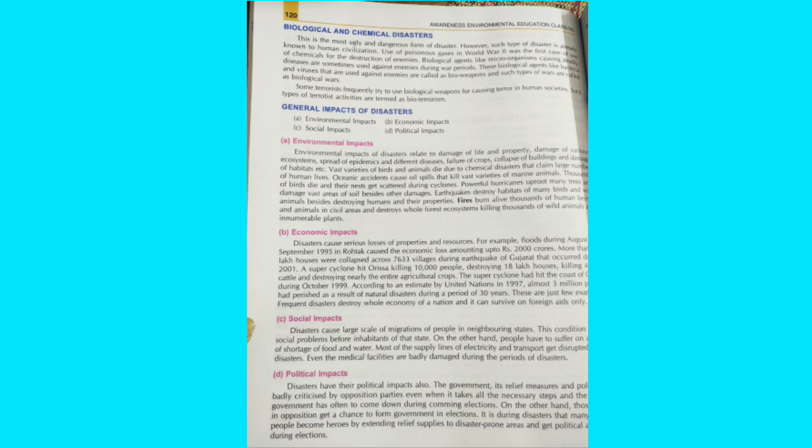The government's relief measures are badly criticized, and by the opposition parties. Just as we had the Amphan cyclone hitting parts of Orissa and entire West Bengal, where the state got damaged.